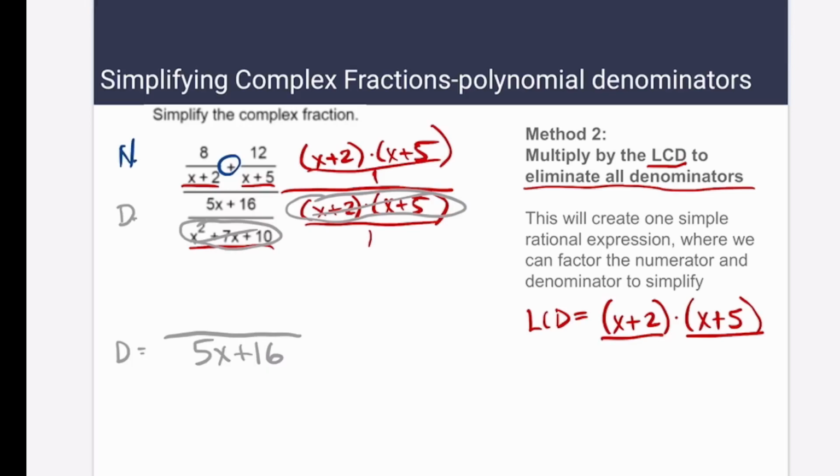So when we take the x plus 2 times x plus 5 and we multiply it by this first term, the x plus 2 in the numerator and the x plus 2 in the denominator are going to cancel. So I'm going to have my 8, and the thing that is not going to cancel is the x plus 5.